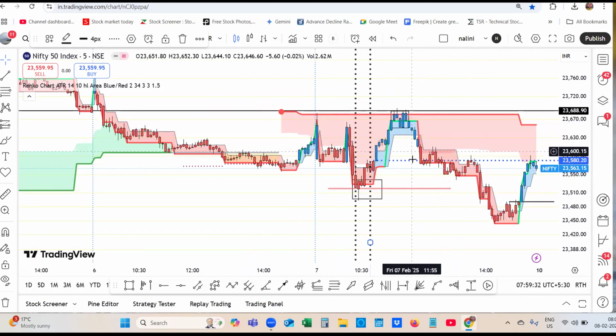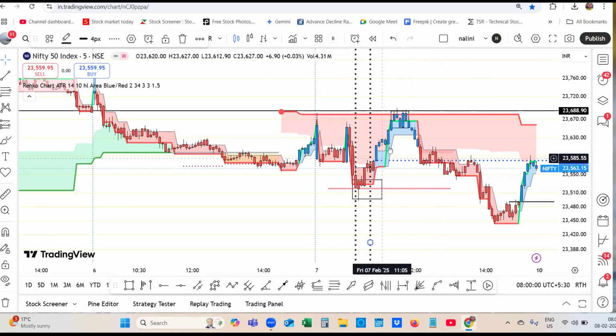So it is better if you take the trade in the direction of the trend. That is, the direction of the trend was bearish. From the morning, it showed that it is going to go down. This is the trend which confuses all the traders and traps people to go in the wrong direction.